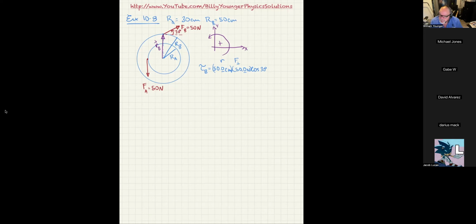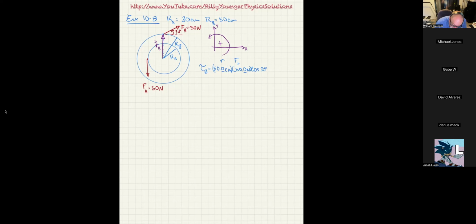That's why I'm using 30 degrees. If I actually considered them being tail to tail, I would slide that purple vector up until the tail of it was at the tail of the red vector, and then you'd see the angle between them is 60. So I could have written F perpendicular as 50 newtons times the sine of 60, and then it would look more like RF sine theta. And that's perfectly acceptable as well.